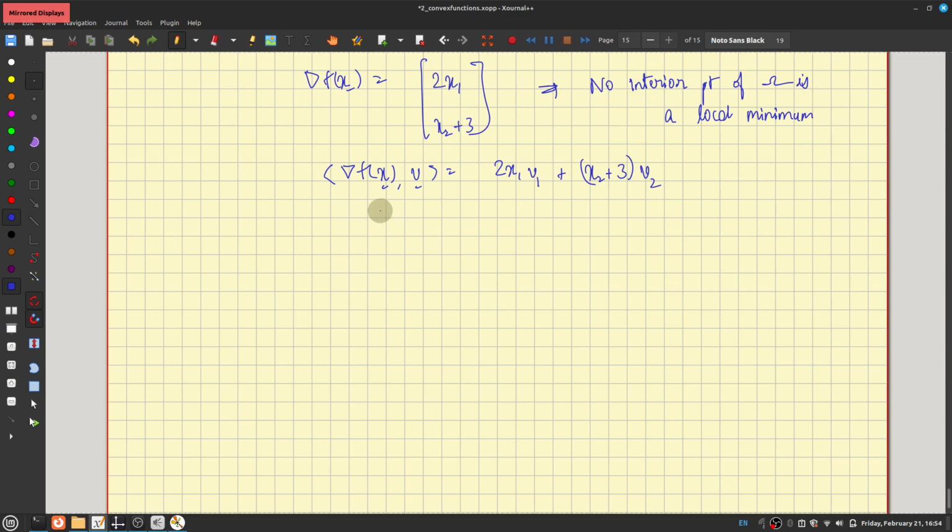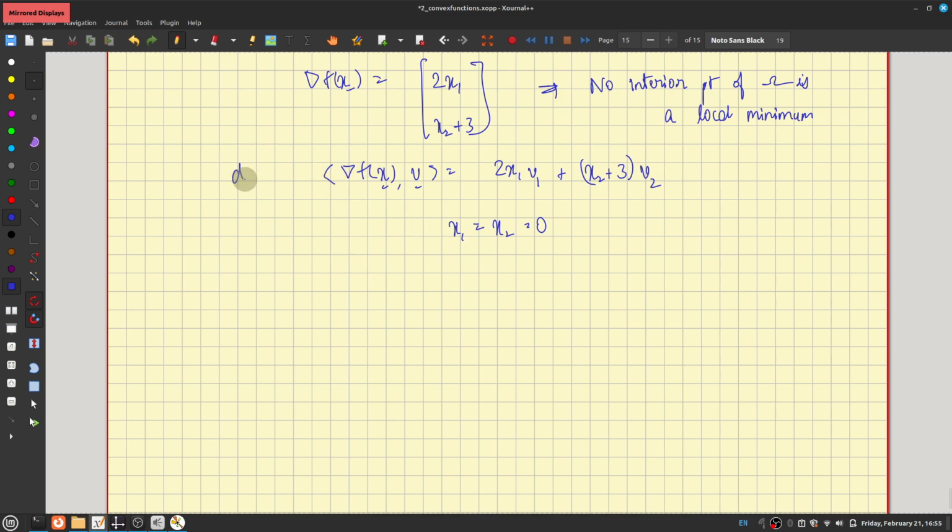So let's pick some. Okay, so first let's eliminate the easy thing. Let's take x1 equal to x2 equal to 0. So it's the point 0 comma 0. We guess that this should be a local minimum. What is the directional derivative equal to?